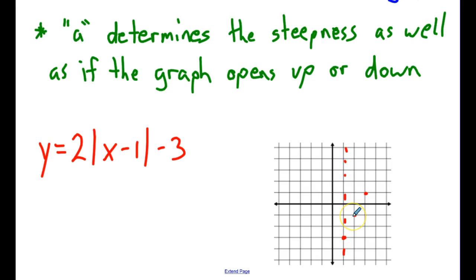So if this was a point, that mirrored image will have a point over here, and if this was a point, we'd have the mirrored image across over there. Now if we connect these points, we have an outline for the absolute value function.